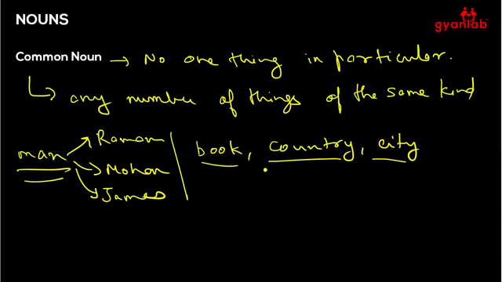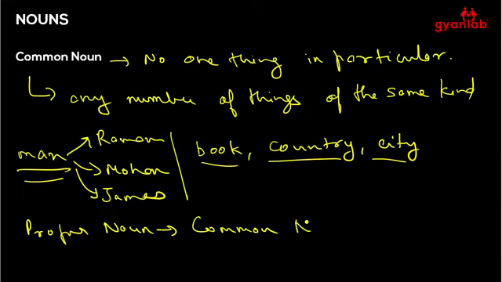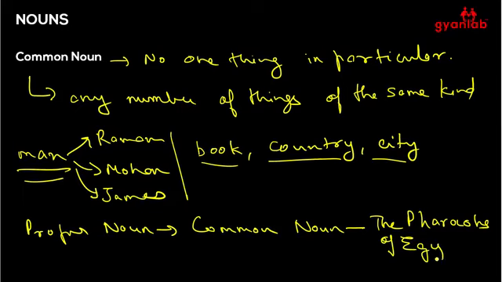There is a special case where sometimes a proper noun becomes a common noun. One example I can give you right now is if you were to name the pharaohs of Egypt. Technically, pharaoh should be used as a proper noun, but it is used as a common noun to denote any pharaoh of Egypt.